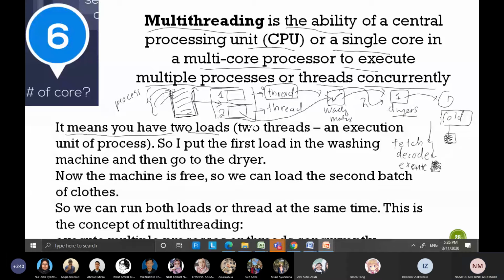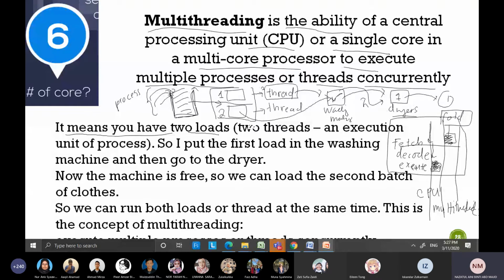It means that at the same time, like a pipeline, two threads are actually inside your CPU. So this we call multi-threading.